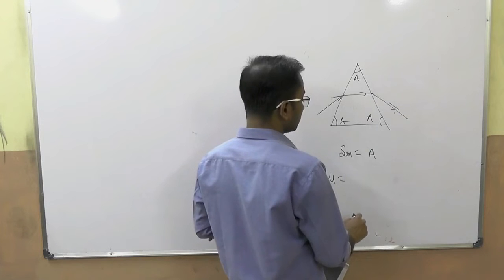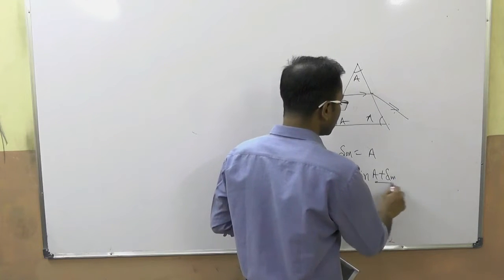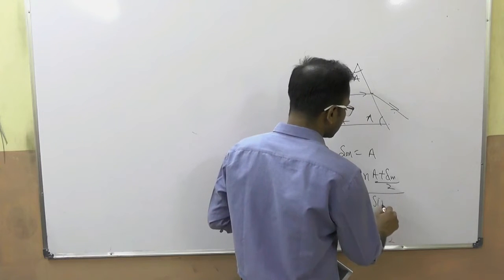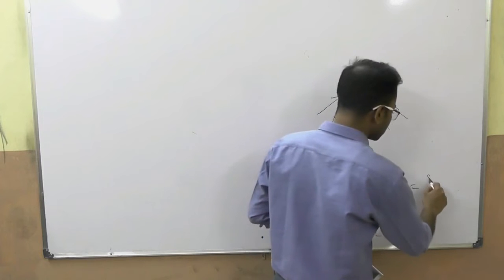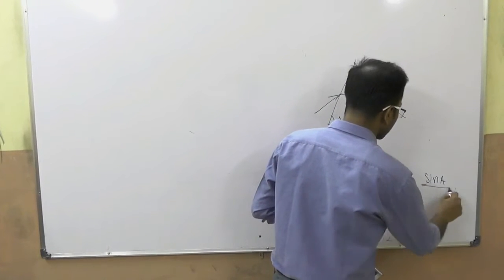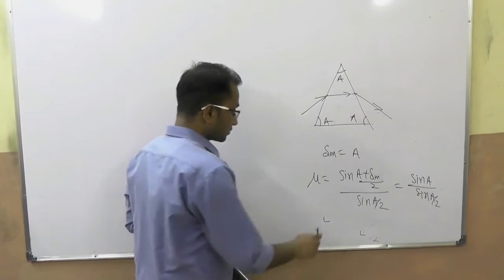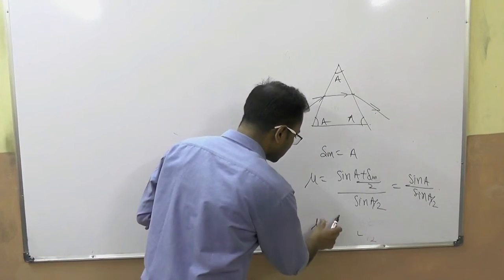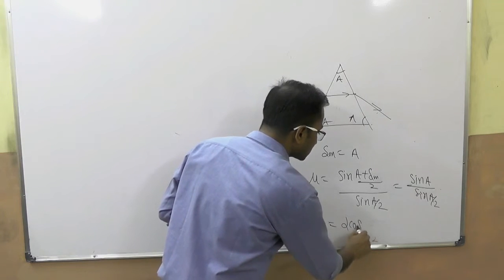So mu is equal to sin of (A plus delta minimum) by 2, divided by sin A by 2. Putting the value of delta minimum, it becomes sin A by sin A by 2. So mu will become 2 cos A by 2.